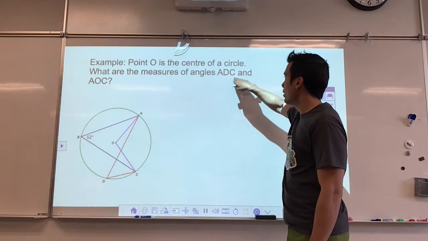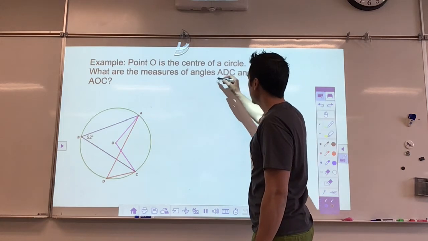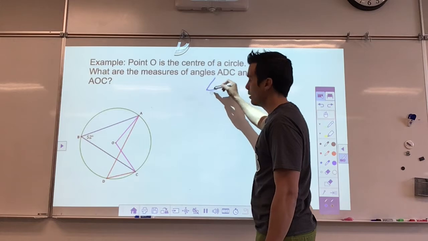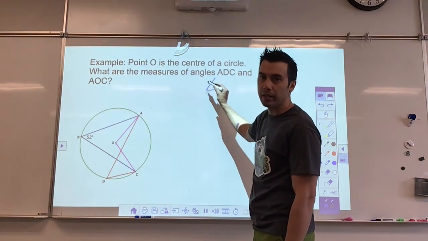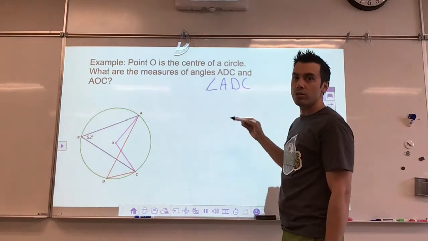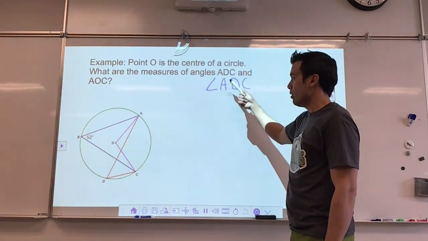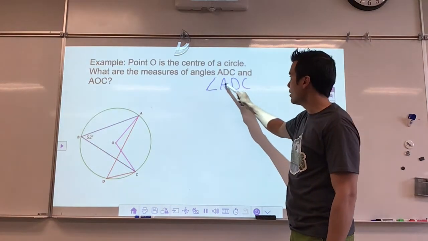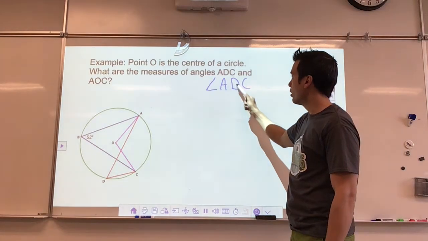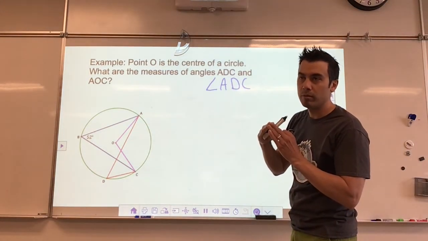So when looking at angle ADC, sometimes it might be labeled like this, with this funny looking L, that means angle, and then ADC. The way in math that we name angles is that these are like the endpoints on our arms, and D is the vertex. It's the angle that we're actually measuring.